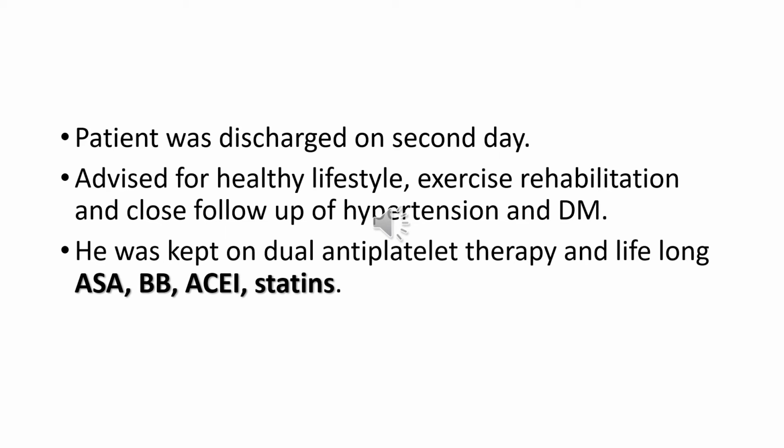Patient greatly improved and discharged on the second day. We advised him to adopt a healthy lifestyle, exercise, rehabilitation, and close follow-up for his hypertension and diabetes. He was kept on dual antiplatelet therapy and lifelong aspirin, beta blocker, ACE inhibitor, and statin.